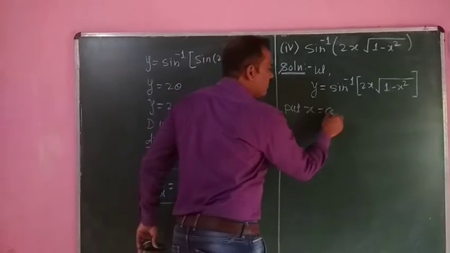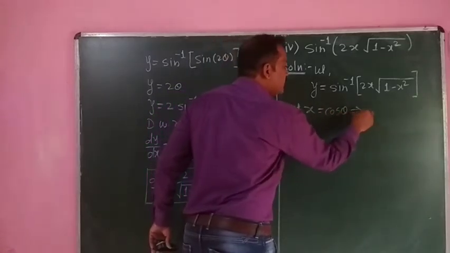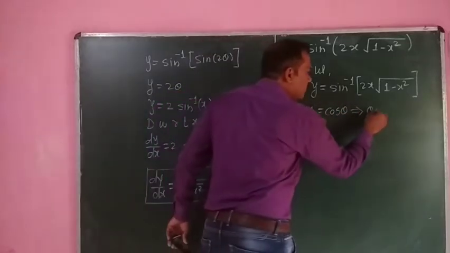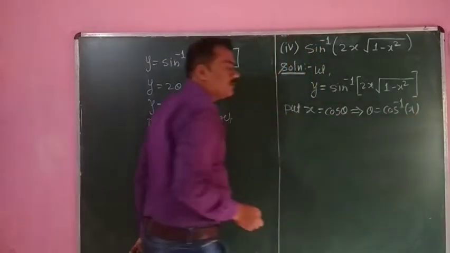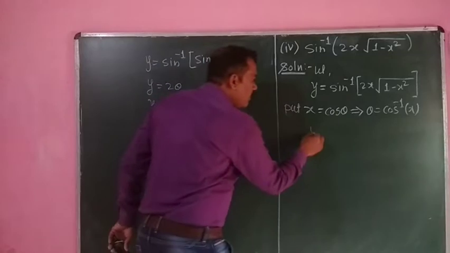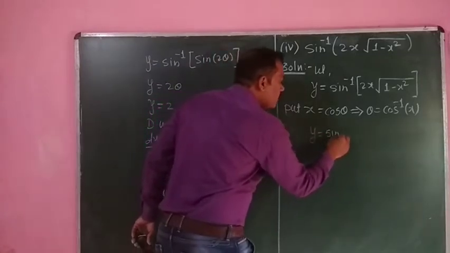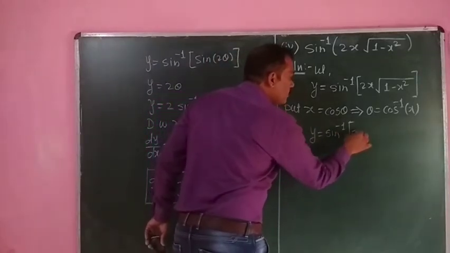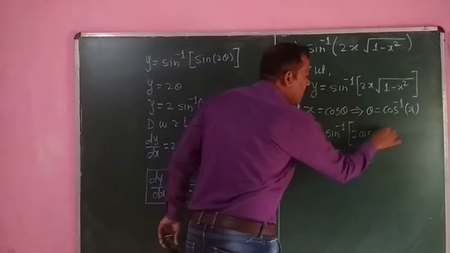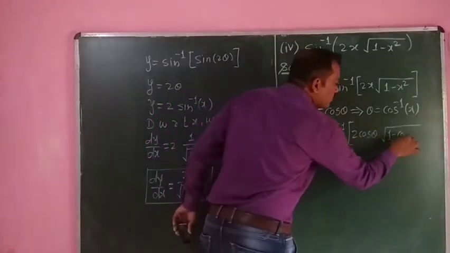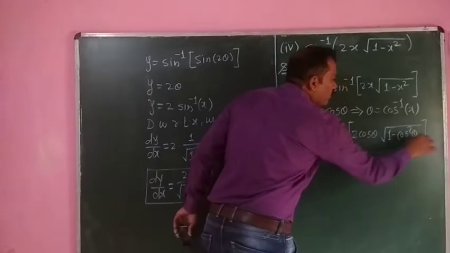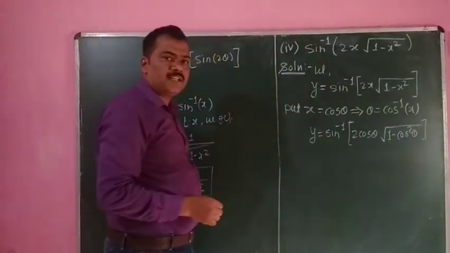Put x is equal to cos theta, this implies that theta is equal to cos inverse of x. So we get y is equal to sine inverse of 2 times cos theta into under square root of 1 minus cos square theta. 1 minus cos square theta is nothing but sine square theta.